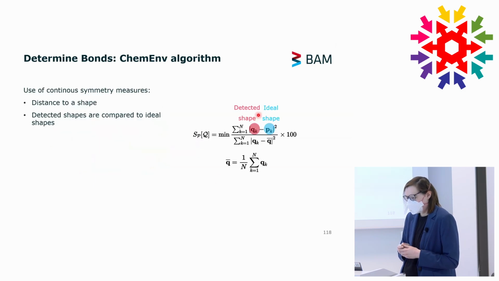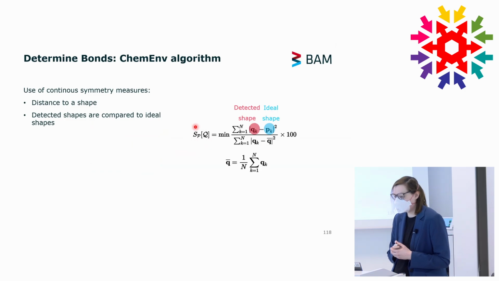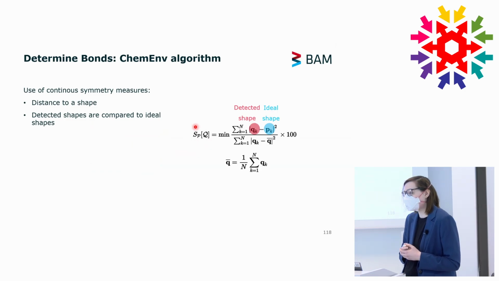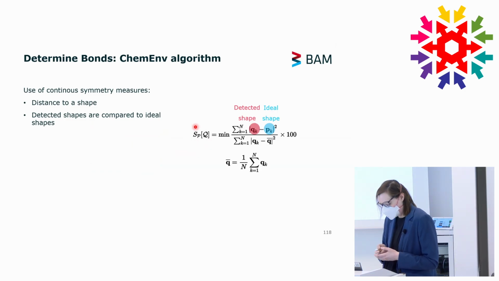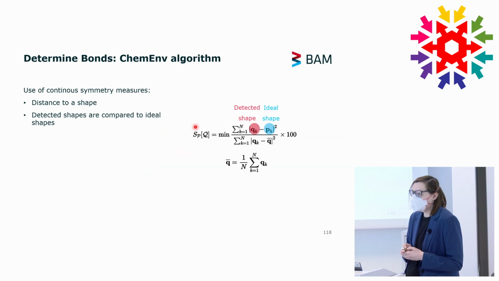And then we have coordinates that can be compared to ideal shapes in a mathematical equation that describes a so-called continuous symmetry measure, which is a distance to a shape. And then we can actually assign coordination environments and also use this in machine learning approaches.